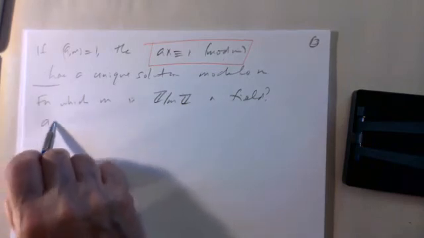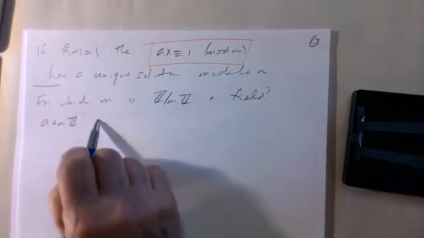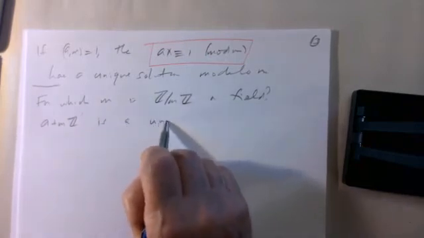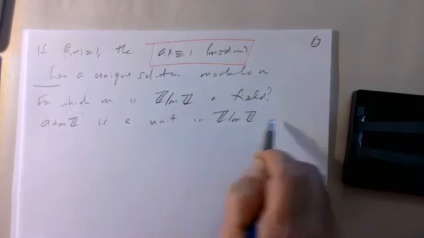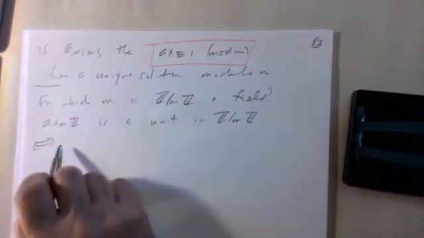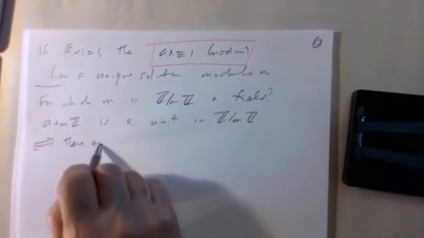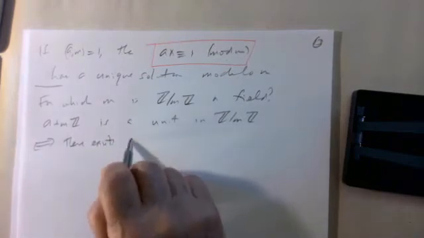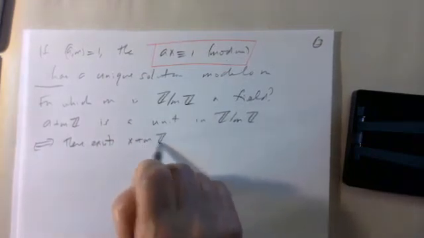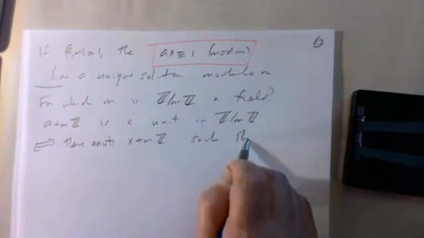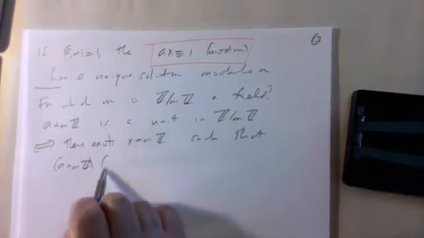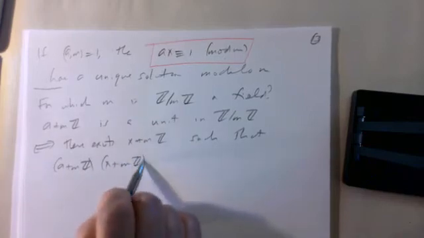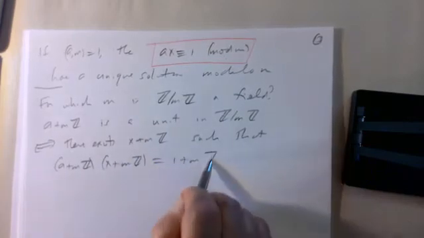So A plus MZ is a unit in Z mod MZ, precisely when there exists a congruence class X plus MZ such that A plus MZ times X plus MZ is 1 plus MZ.